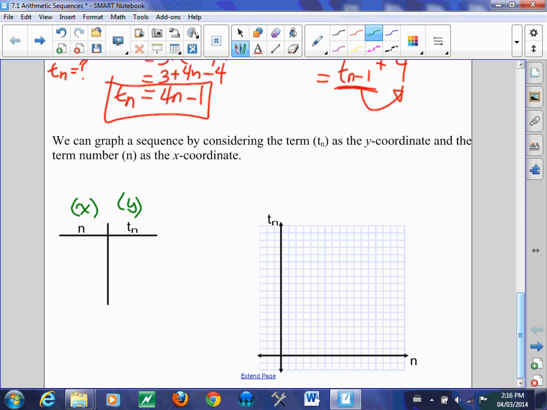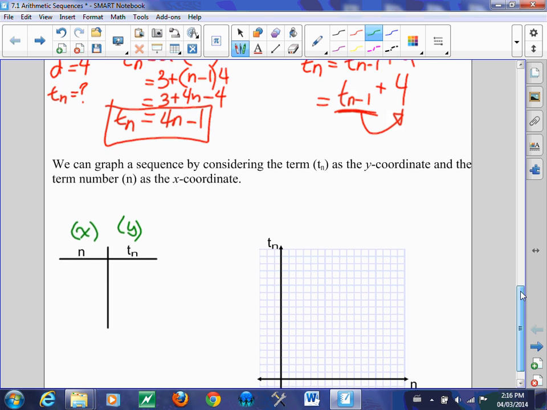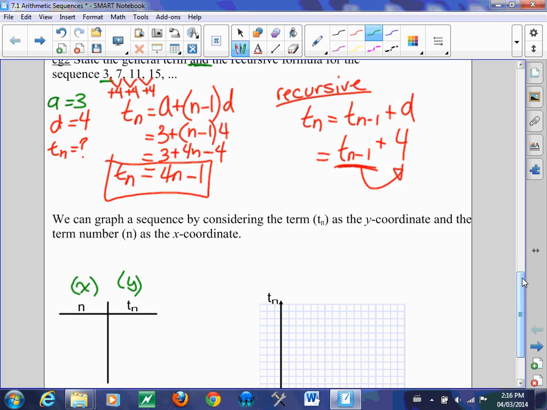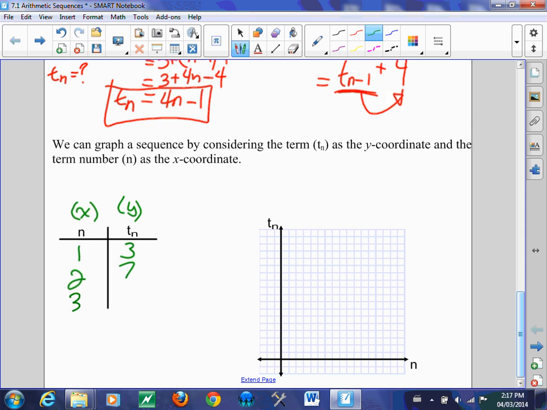Taking a look at example 2, my term number 1, the first value, was 3. My second term was 7. The third term was 11. And your fourth term was 15. Everybody okay with that?